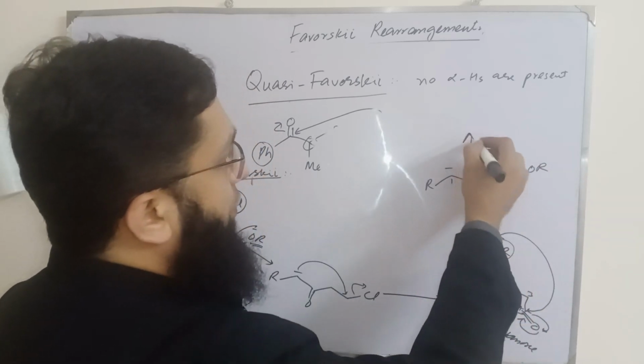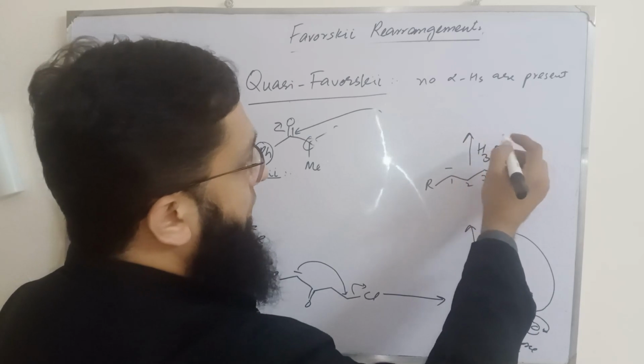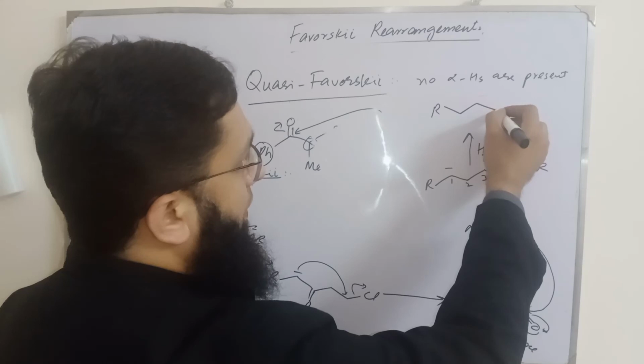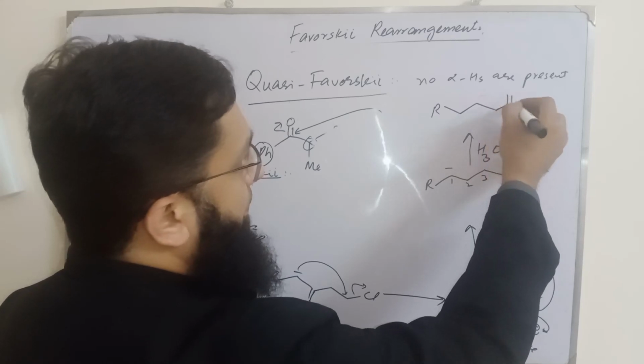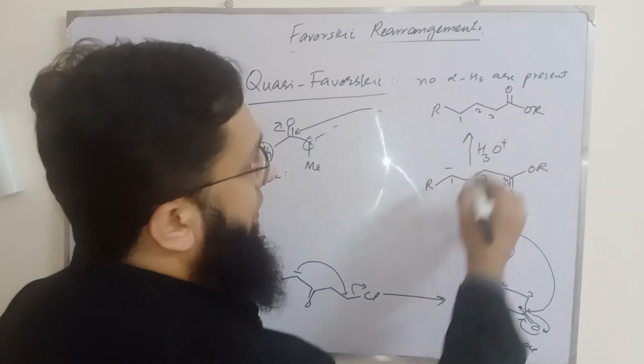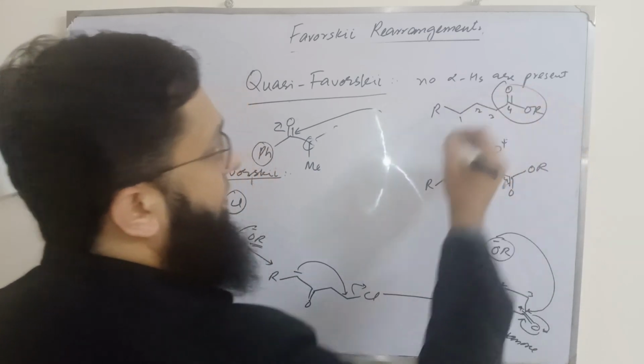So after protonation with acidic water, one, two, three, four, we would get the ester.